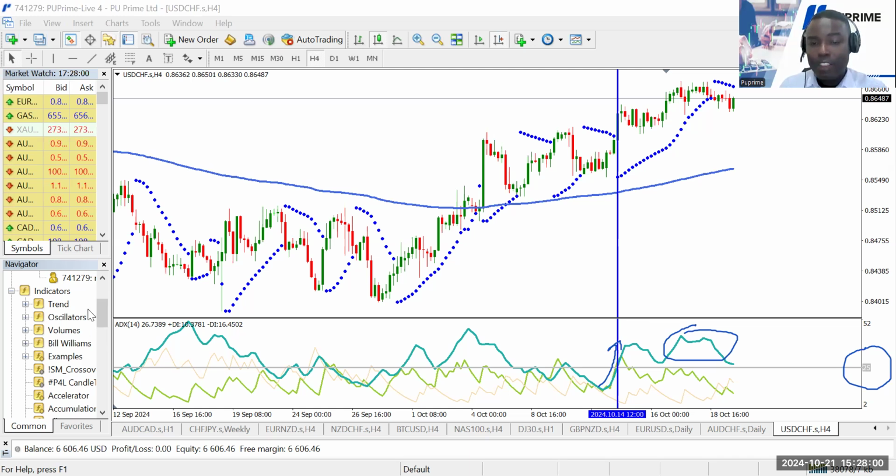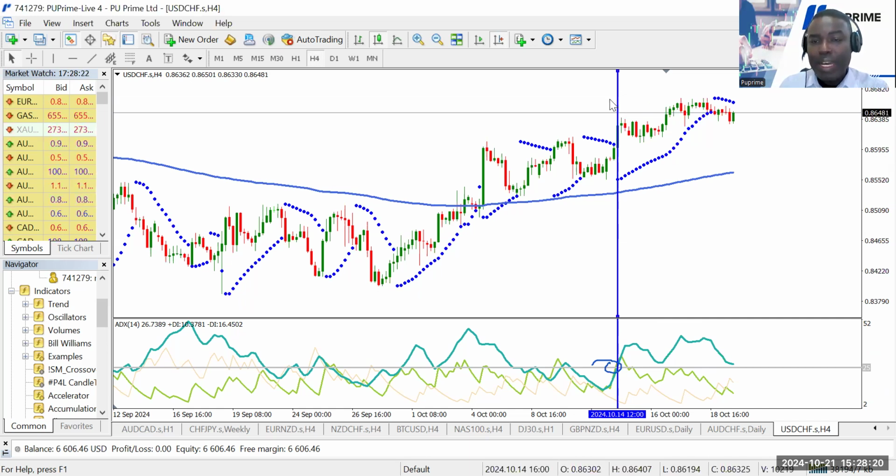And like I said, the direction cannot be based on the ADX, but on what the other indicators you are using are saying. In this case, we can see that the ADX actually crossed above 25 here, showing that the market is volatile enough to take a trade. To take a trade, I now need to confirm with the other two indicators, which are the moving average and the parabolic SAR, stop and reverse.